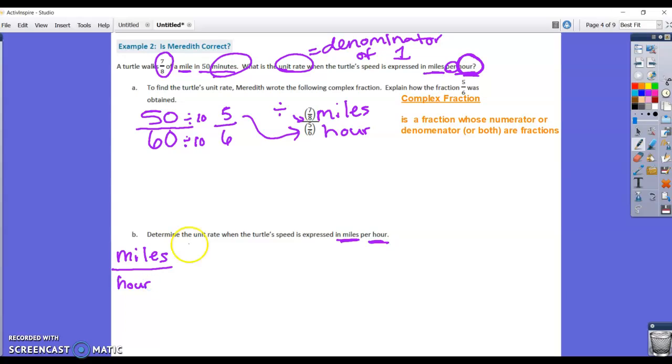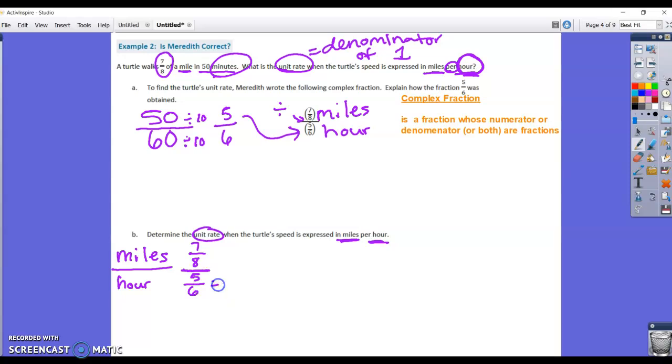The number of miles was 7/8 divided by the number of hours, which was 5/6 of an hour. Unit rate, we said, means the denominator is going to be 1.